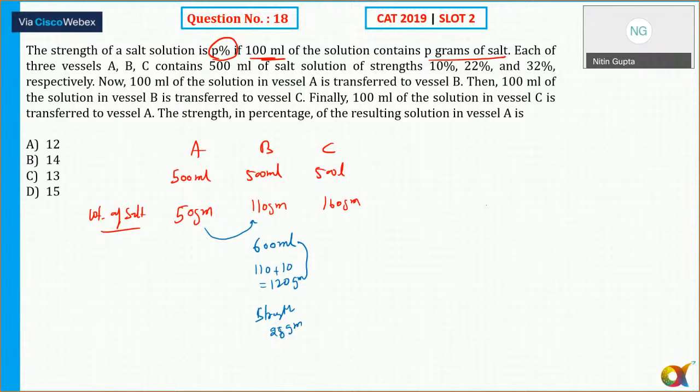So B has 120 grams in 600 ml, then in 100 ml how much will it be? 20 grams. So that is the strength. Okay, it comes down to 20%.